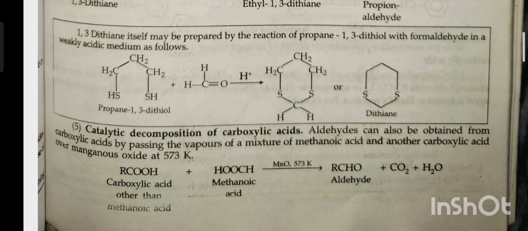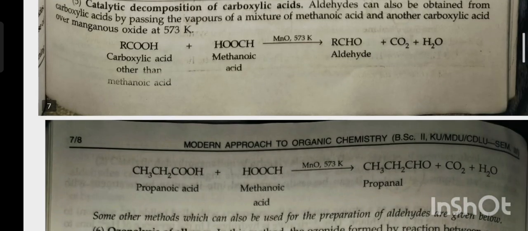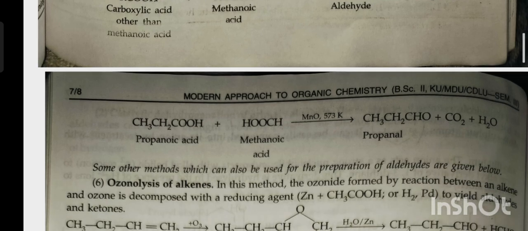Aldehyde can also be obtained from carboxylic acid by passing the vapor of a mixture of methanoic acid and another carboxylic acid over manganese oxide at 573 Kelvin. Carboxylic acid other than methanoic acid plus methanoic acid gives aldehyde plus CO2 plus H2O in the presence of MnO at 573 Kelvin. Propanoic acid plus methanoic acid gives propanal in the presence of MnO at 573 Kelvin.